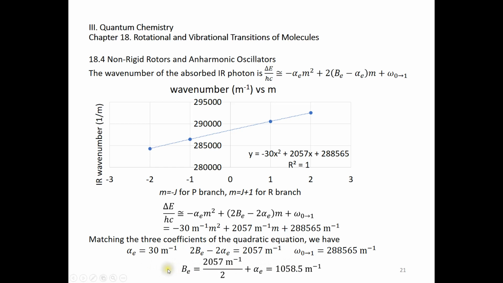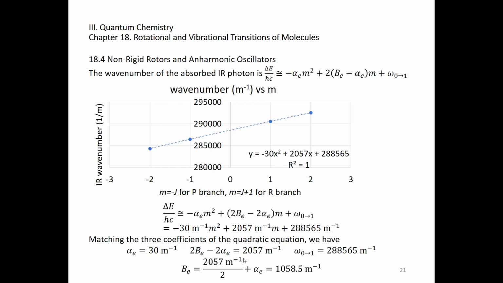So if you have Planck constant times the speed of light times this value, the result is equal to h bar squared over 2I. h bar is a constant as well, so you can determine I, the moment of inertia. Given the moment of inertia, you can determine the equilibrium bond distance easily, as long as you know the reduced mass. And it's awfully easy to determine the reduced mass for a diatomic molecule.